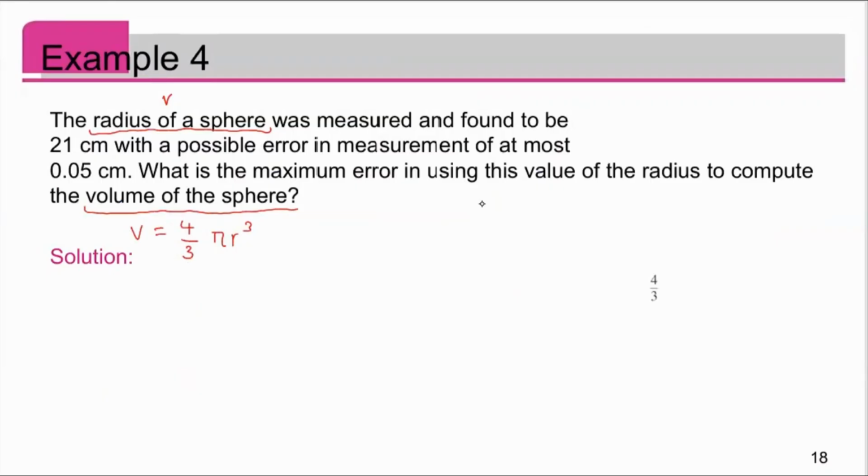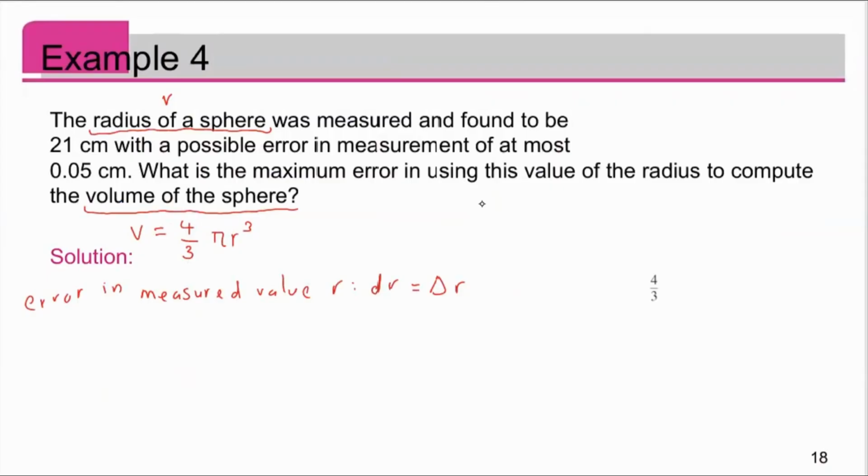And if there is an error in the measured value of our radius, what will be the notation for that? We have radius r, so the error will be dr. Error in measured value r, we use dr. So dr here is the independent variable, so dr is practically delta r.